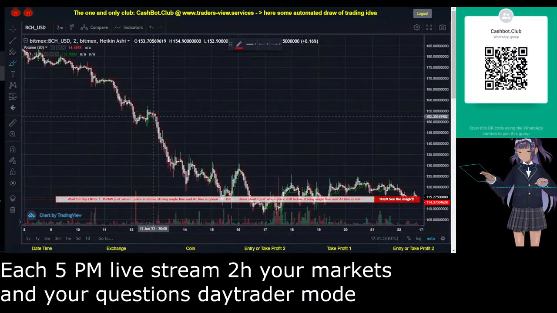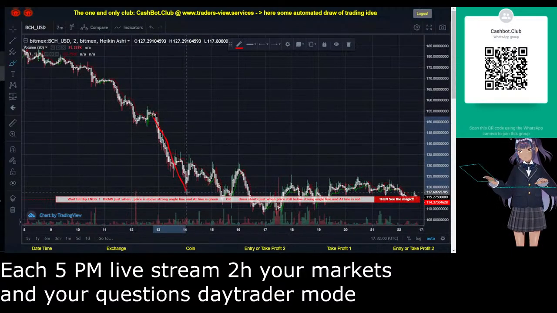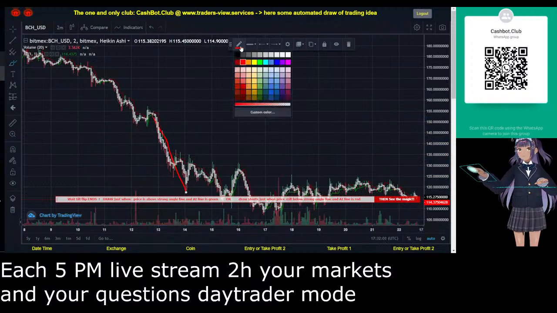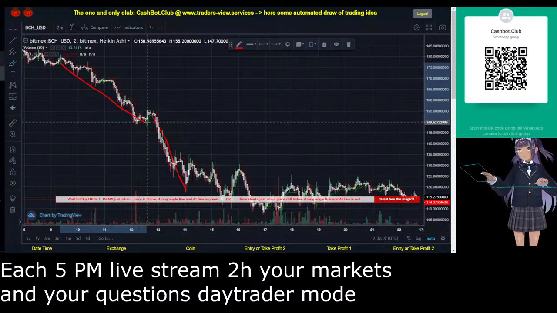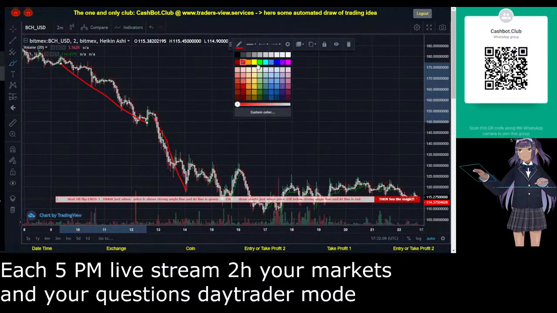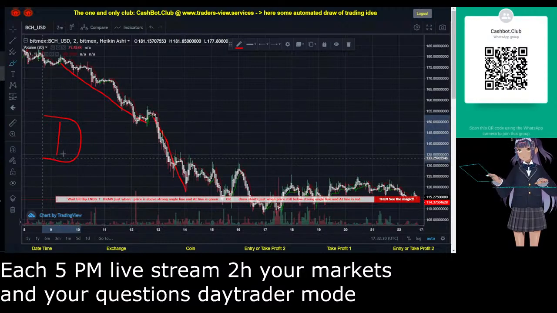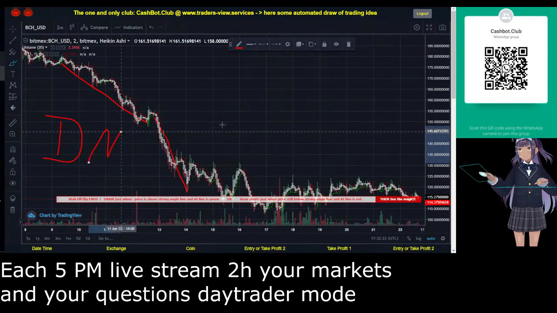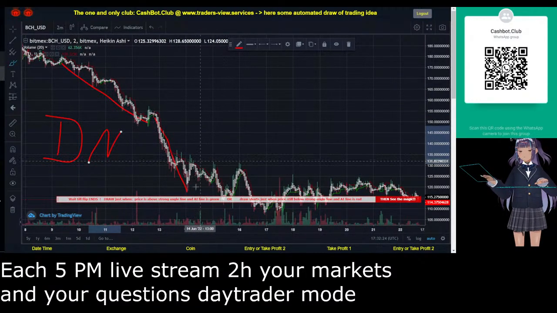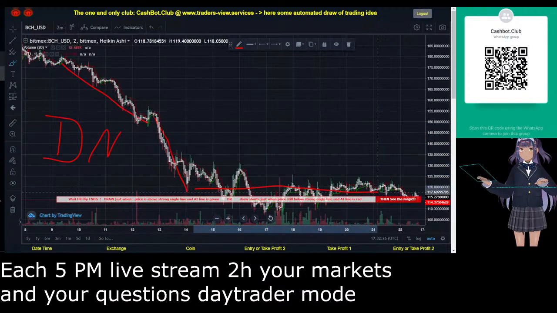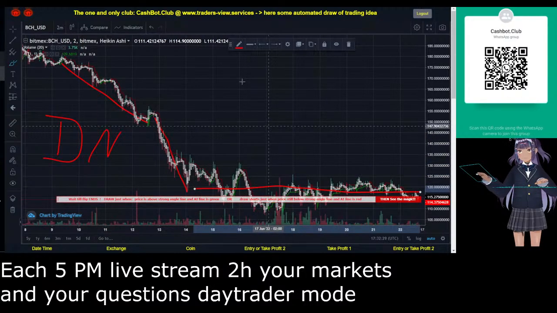Low angle line, strong angle line. The down, and here we have the current sideways.